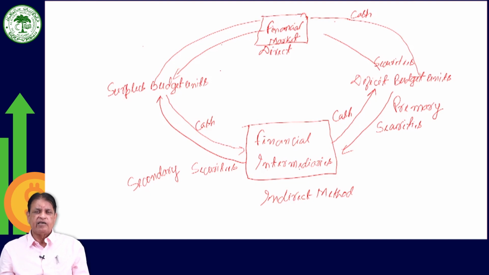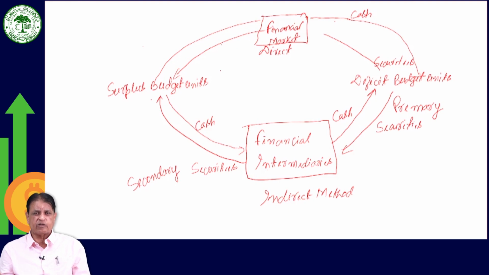That explains the essence and existence of the financial intermediaries. The essence and existence of the financial intermediaries lies in their ability to transform the risky securities obtained from the deficit budget units into less risky securities issued by themselves and made available to the surplus budget units.